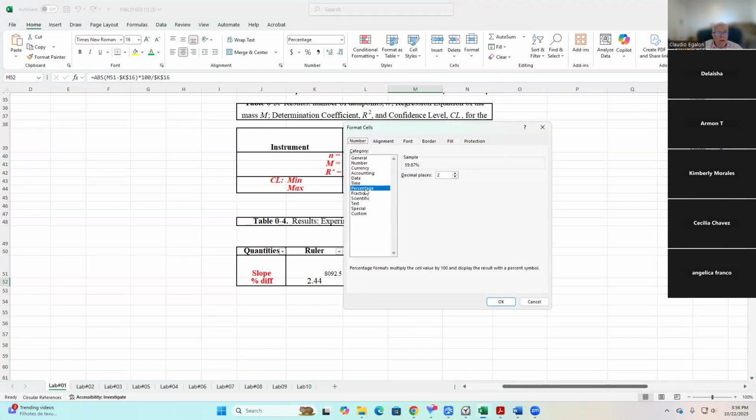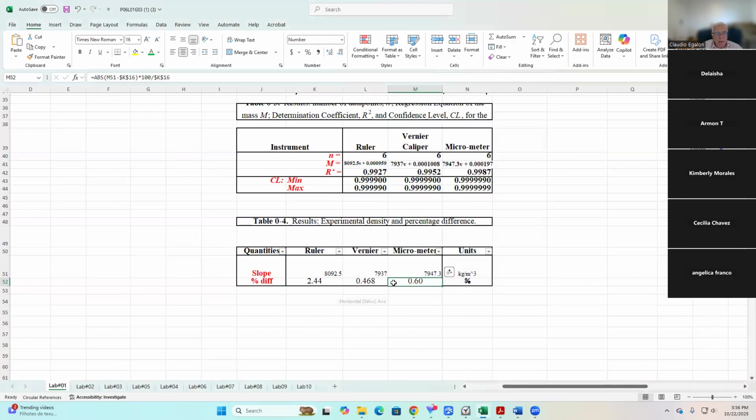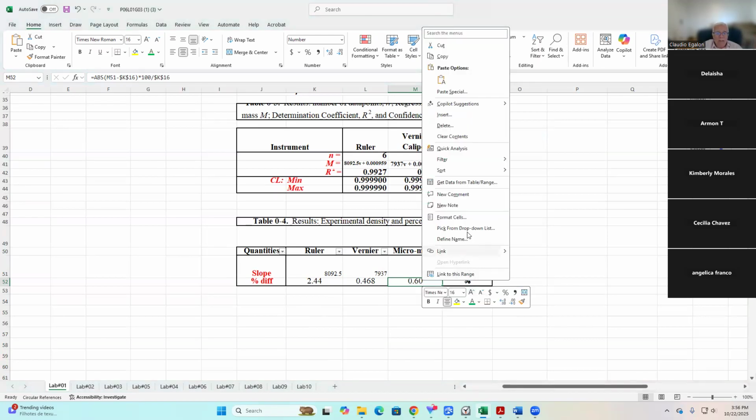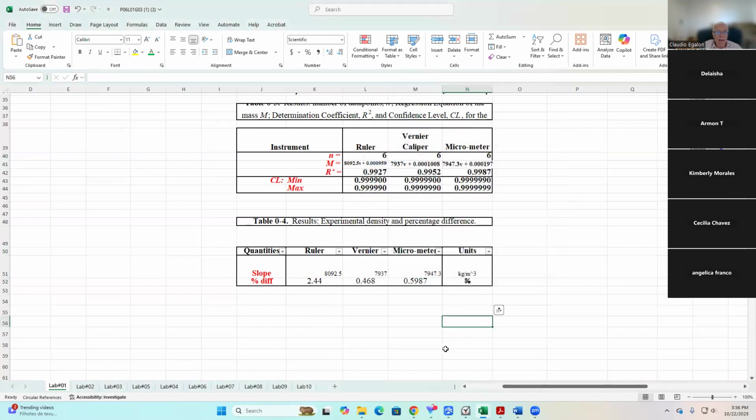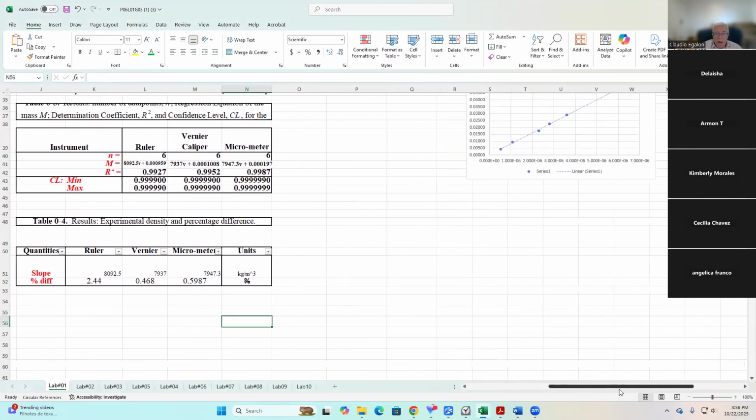See, you put it in percentage. Don't put it in percentage, keep it as a number. And now you're going to get the right percentage difference. It's not 59%, it's 0.59%, right? 0.59%. Just by using the incorrect format, you end up getting the incorrect percentage difference. Okay, group 3.